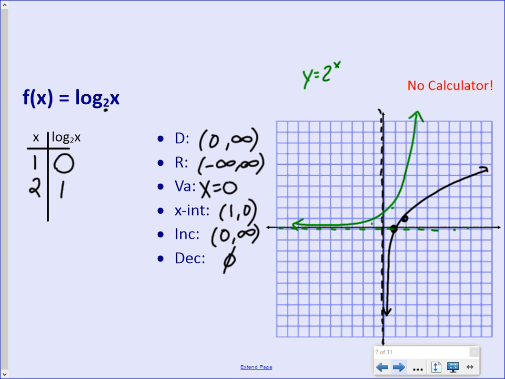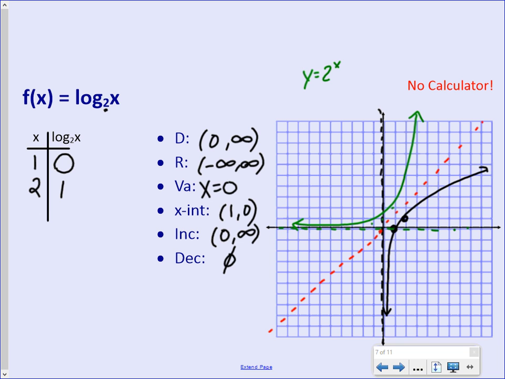Reflection over the line y equals x, which is true about all mathematical inverses, right? When you switch x and y, you get a reflection over the line y equals x. So if I fold on that red line, they map onto each other. Okay, that just kind of reinforces why the horizontal asymptote becomes vertical, why the domain for log does not include negative numbers. Okay, all of that stuff is true.